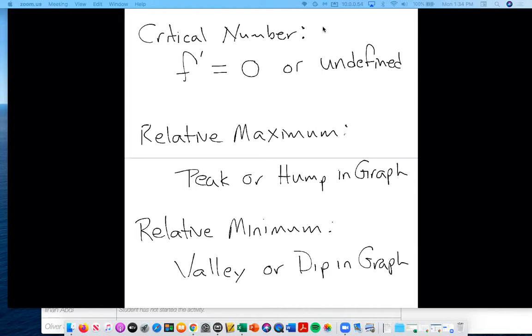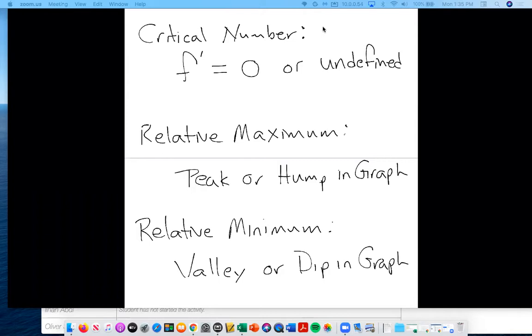Then there's the idea of a relative maximum, and relative and local are synonymous. So if you see the word local maximum, that's the same thing. That's a peak or a hump, some kind of hill in the graph. A relative minimum is a valley or a dip in the graph.